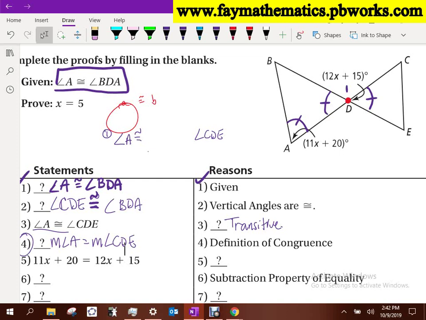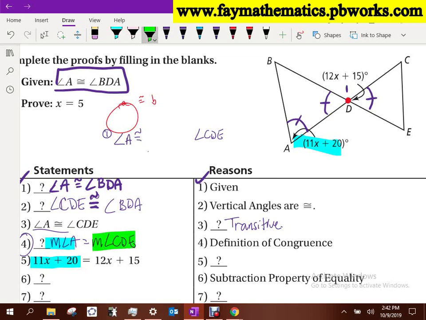And we replaced those things. So right here, if I look at measure of angle A, I come to my picture, don't they have a way that I can describe what angle A's measurement is? So in this statement here where measure of angle A was, we're going to replace it with 11x plus 20. That's its measurement.